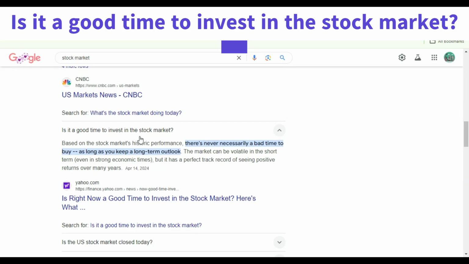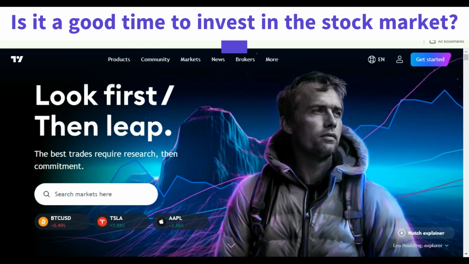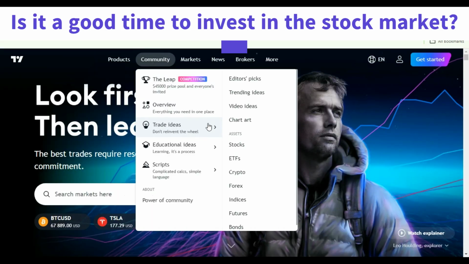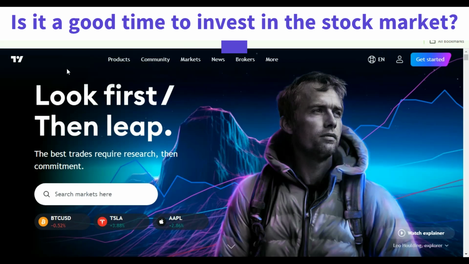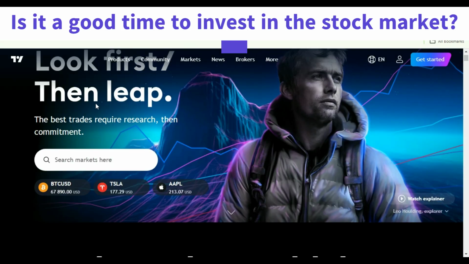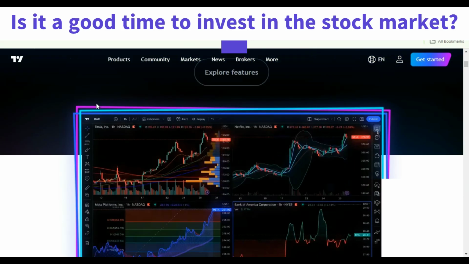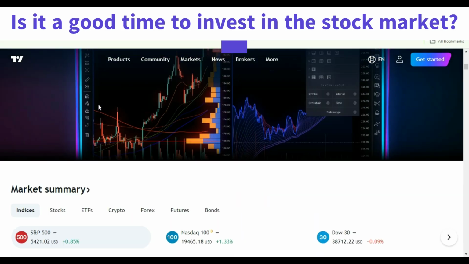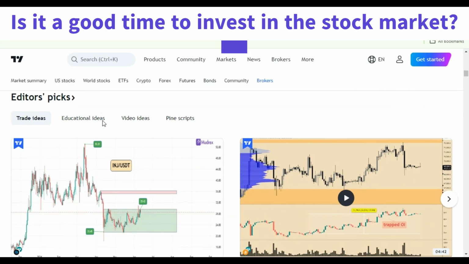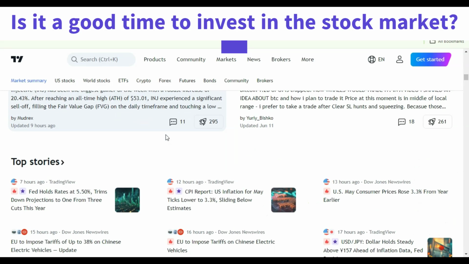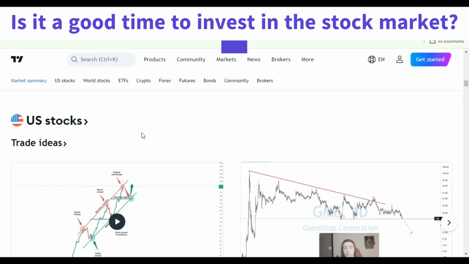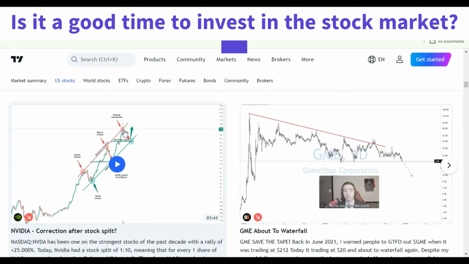It's a good time to invest in stock market. I think there is never necessarily a bad time to buy. Okay guys, TradingView is a solid tool that you can use to make analysis of the market.